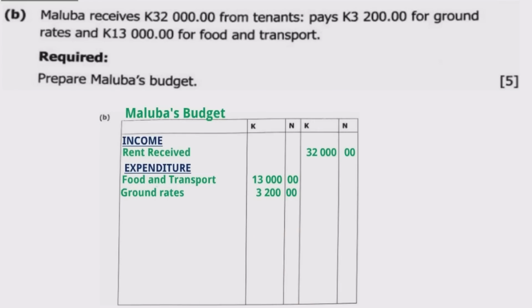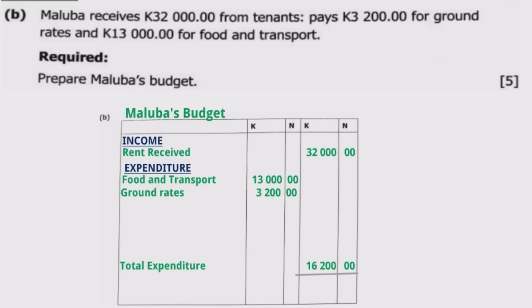Once we have done that, we find the total. We add 13,000 plus 3,200, which gives us 16,200. That is the total expenditure.